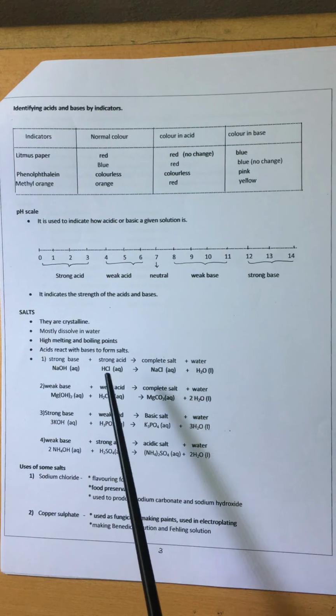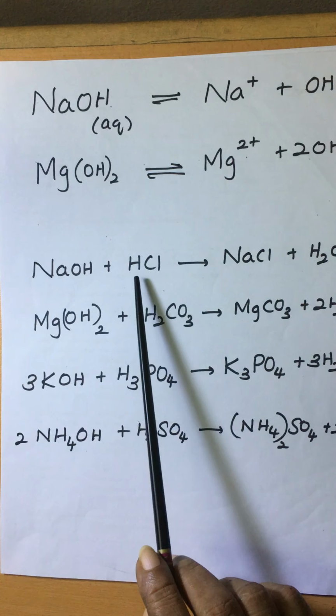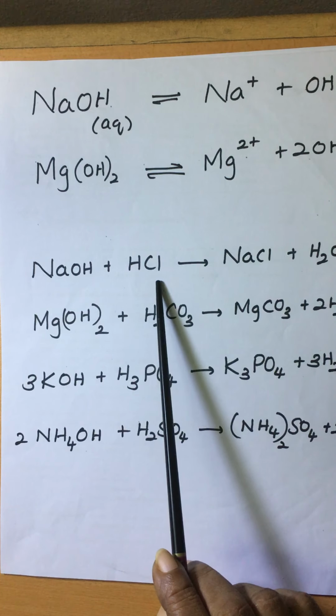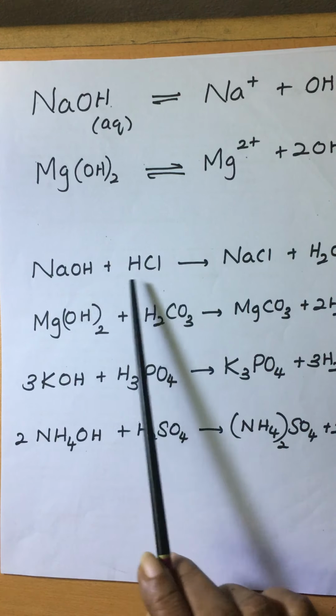Now see, a strong base combined with a strong acid forms a complete salt. Sodium hydroxide is a strong base. Hydrochloric acid is a strong acid. Both are strong, the strength is equal.